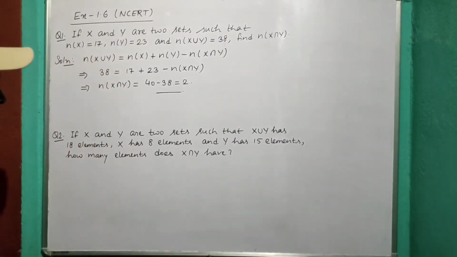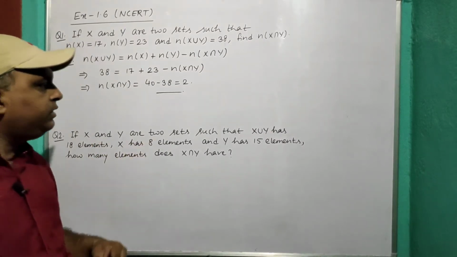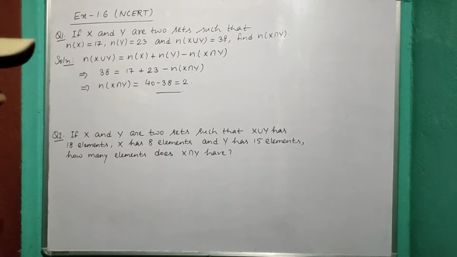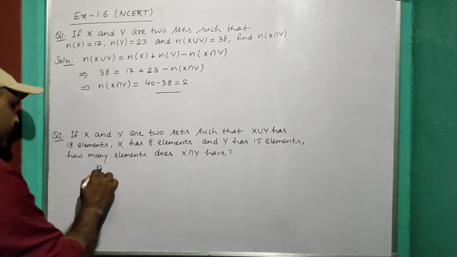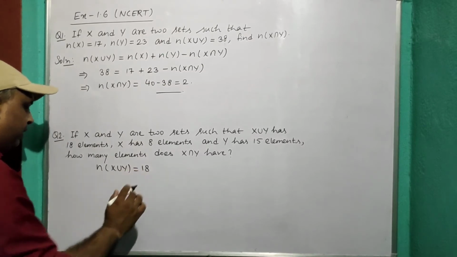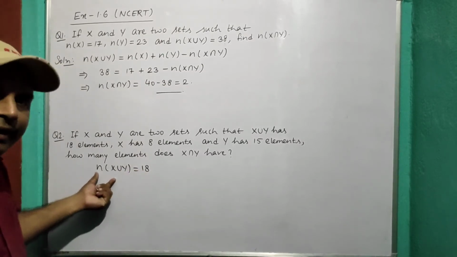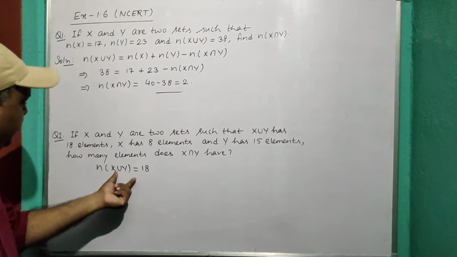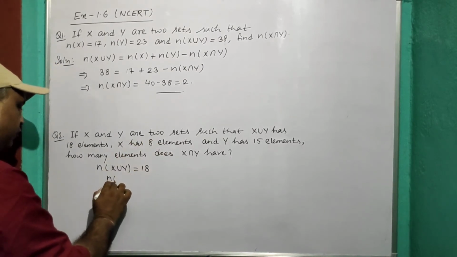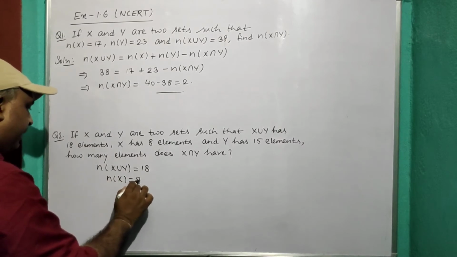Here you can observe that X and Y are two sets such that X union Y has 18 elements. It means that n(X union Y) is equal to 18. This n indicates number of elements. So number of elements of X union Y is 18. X has 8 elements, so this nX is given to be 8.